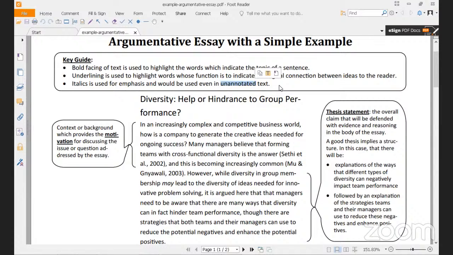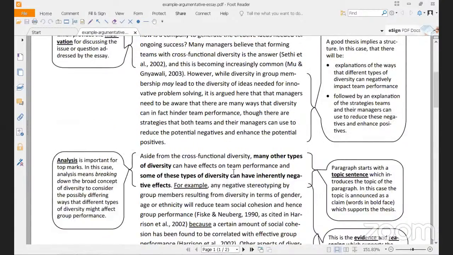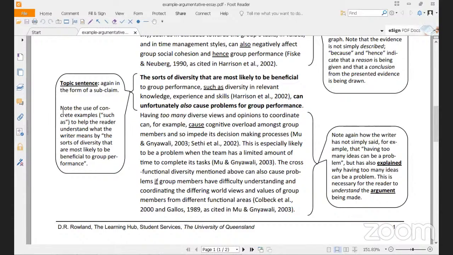It's just something used to show emphasis. Okay. And let's see. Note the use of concrete examples, such as to help the reader understand what the writer means by the sorts of diversity that are most likely to be beneficial to group performance.